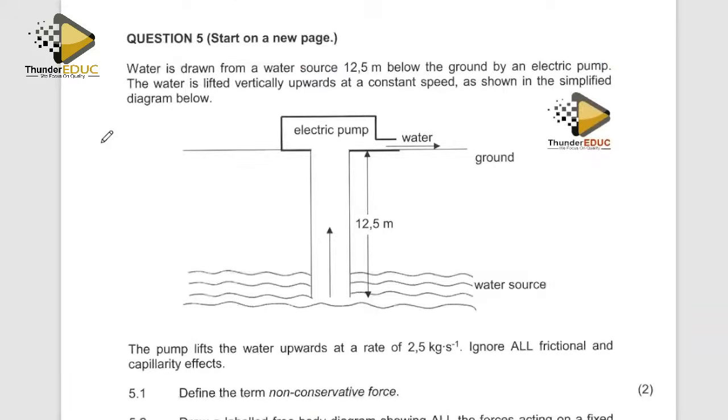Then question 5. Water is drawn from a water source that is 12.5 meters below the ground by an electric pump. The water is lifted vertically upwards at a constant speed as shown in the diagram. Then they want us to define the term conservative force.